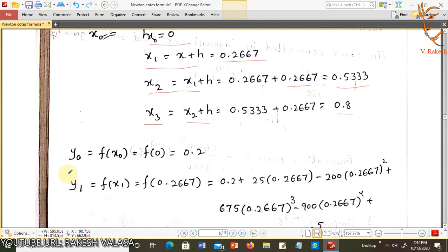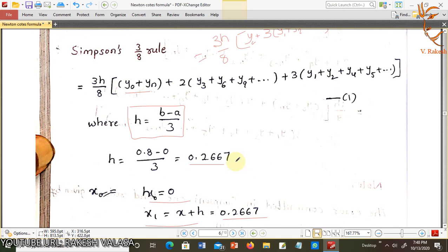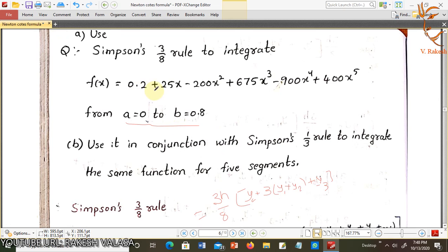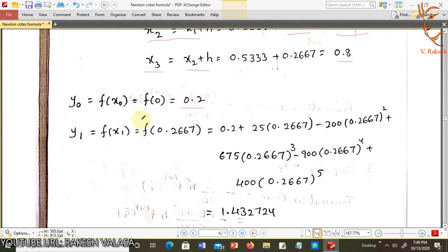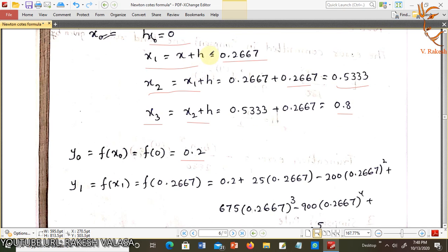Now also calculate function values for these obtained limits. First one is y0, that means f of x0. x0 means 0, f of 0. Now substitute this 0 in the given function, that means 0.2 plus 25 into 0 minus 200 into 0 square plus 675 into 0 cube minus 900 into 0 power 4 plus 400 into 0 power 5. The answer is 0.2. Similarly, calculate the remaining functions, that is y1 equal to f of x1. x1 means 0.2667.